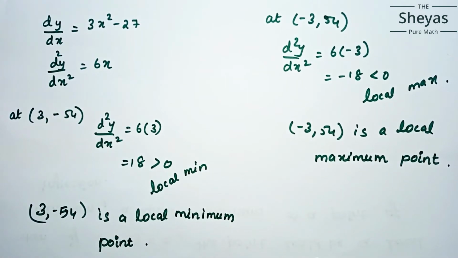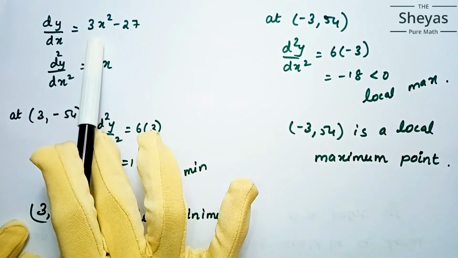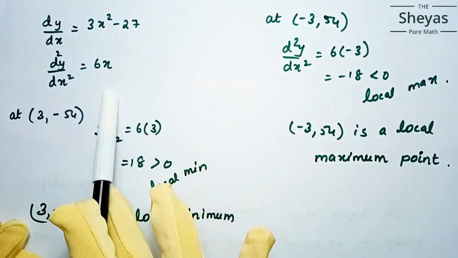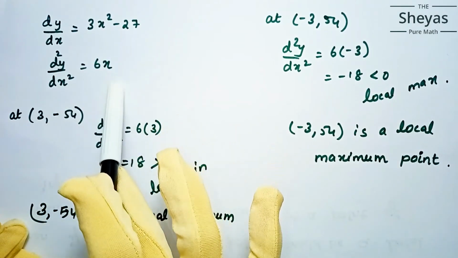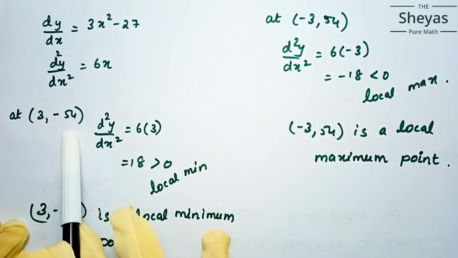The next step is to find the second derivative to confirm the nature of the stationary points. The first derivative we have got is 3x square minus 27. When you differentiate again, you will get 6x. One stationary point is 3 comma minus 54.